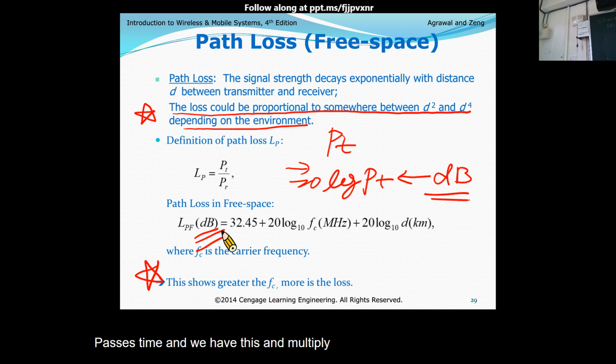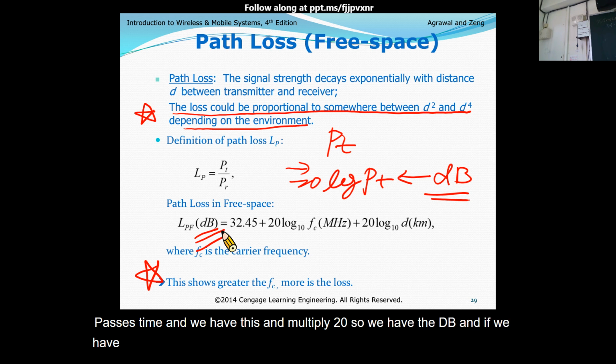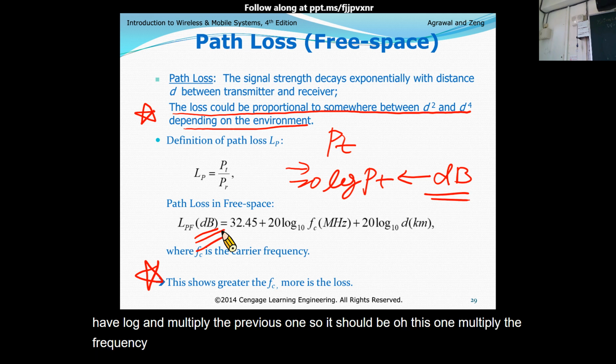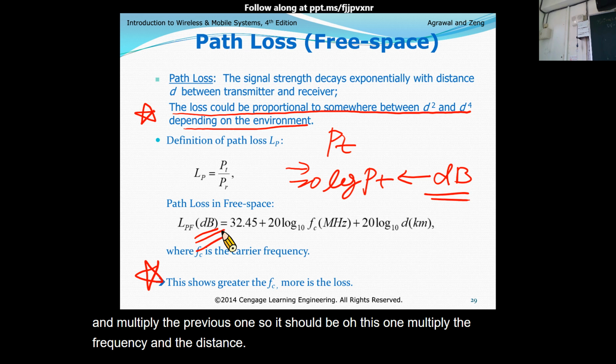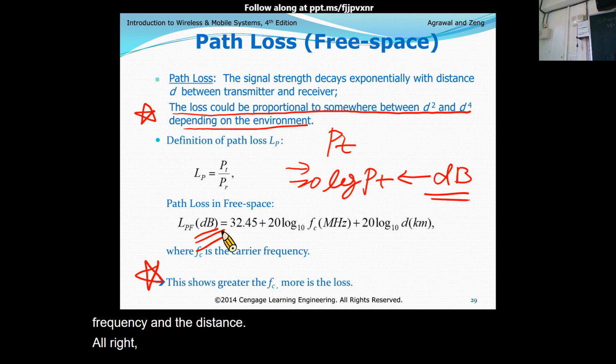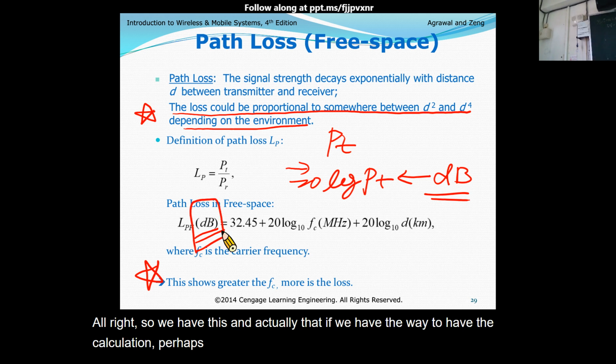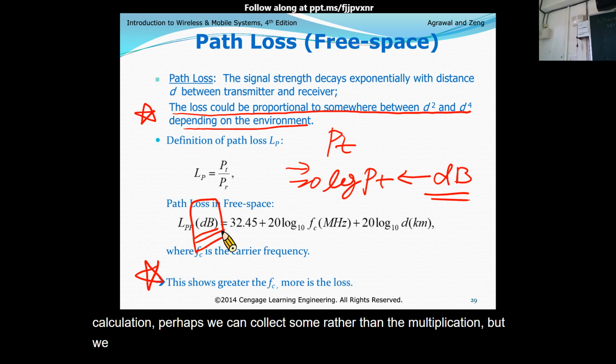So we have the dB. And if we have log and multiply the previous one, it should be this one multiplied by the frequency and the distance. Perhaps we can collect a sum rather than the multiplication, but we want to have the pure quantity.